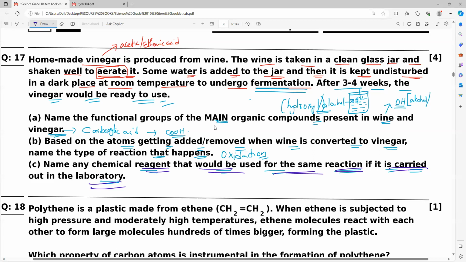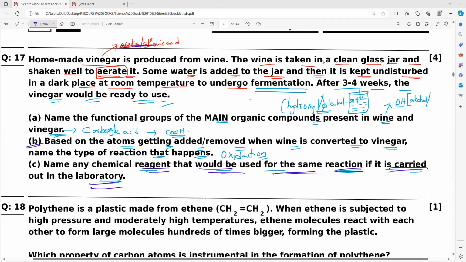But they are asking in an indirect way, and we struggle. Even by reading the question itself, we should understand they are making vinegar from alcohol. So alcohol to acetic acid: what is the name of the reaction? Everybody, what is the name of the reaction? Alcohol to acetic acid.